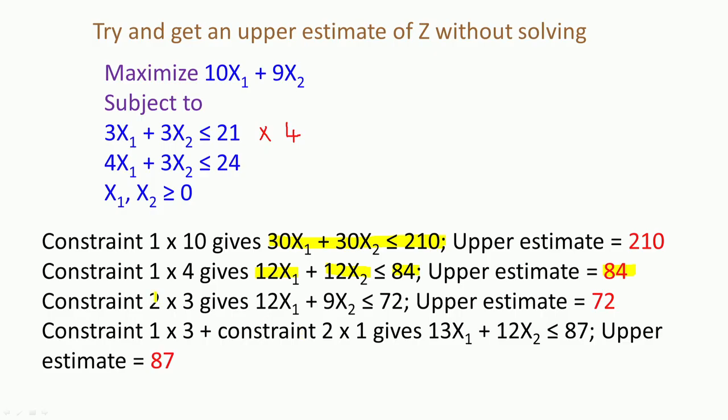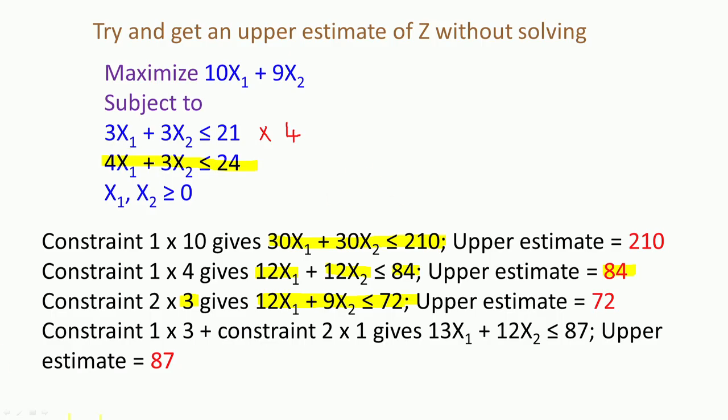Let us continue this by doing something with the second constraint. Let us multiply the second constraint by 3 to get 12x1 plus 9x2 less than or equal to 72.